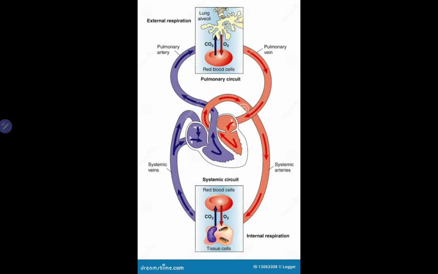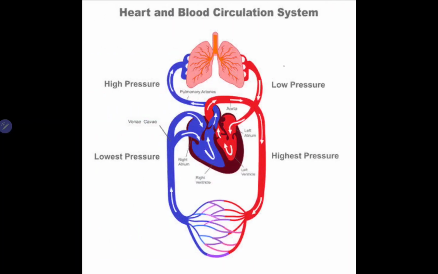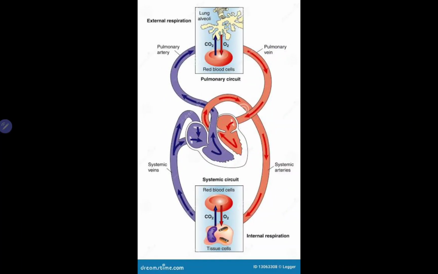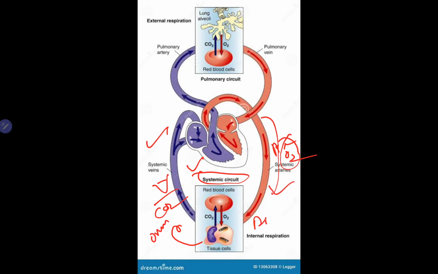So if we say briefly, the circulation is of three kinds. First, the systemic circulation, which involves the heart and other blood vessels, meaning arteries and veins. Veins carry deoxygenated blood from different organs to the heart, and arteries carry oxygenated blood from the heart to different organs.